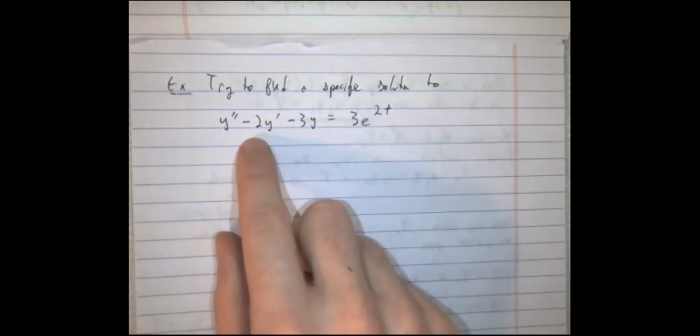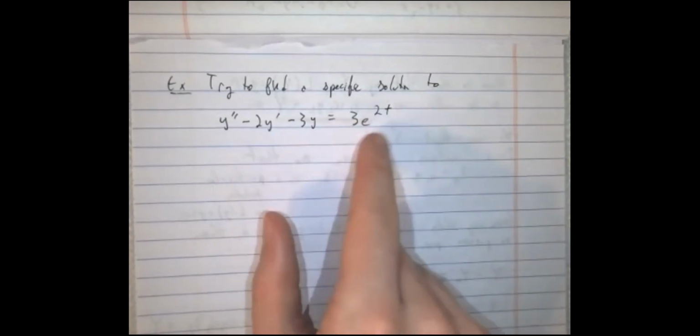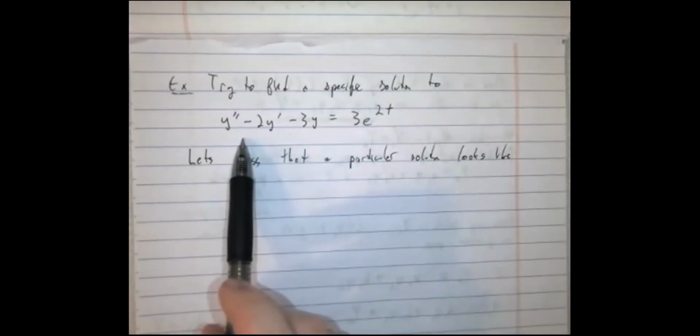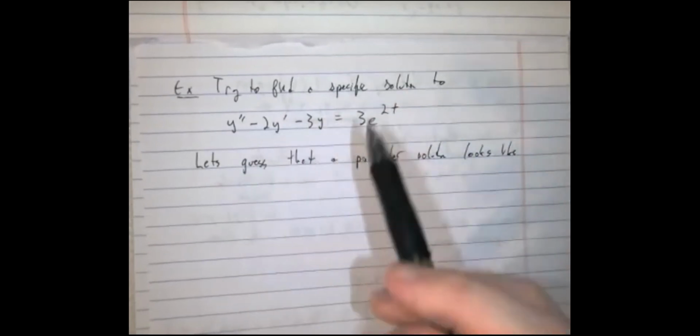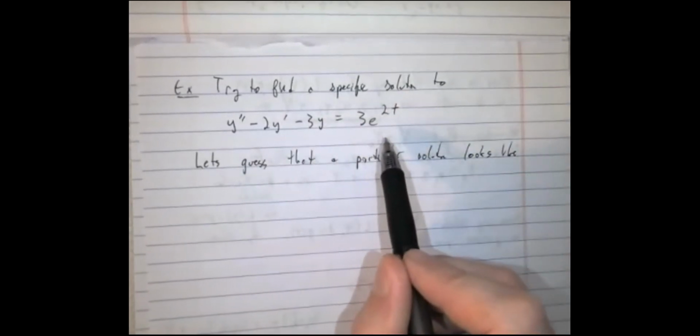First of all, we already know how to solve the homogeneous part of this differential equation. So what we're really after is, let's try to find a solution. And here is the method of undetermined coefficients: derivatives that we need to take, and this messy combination of derivatives and sums of derivatives needs to be 3e to the 2t.